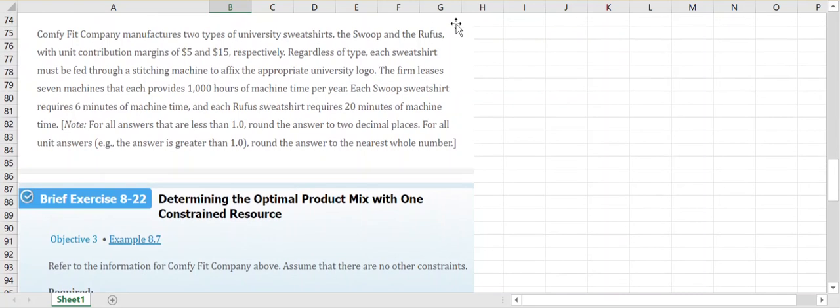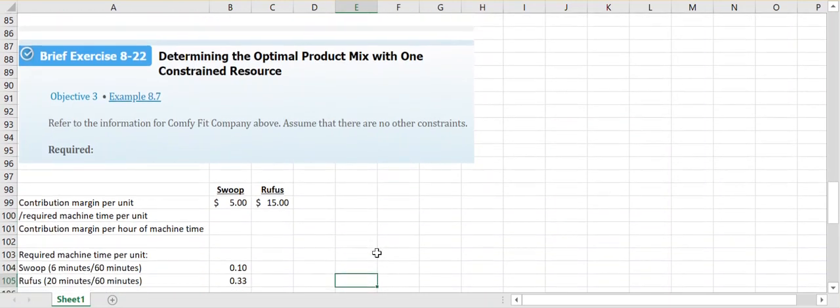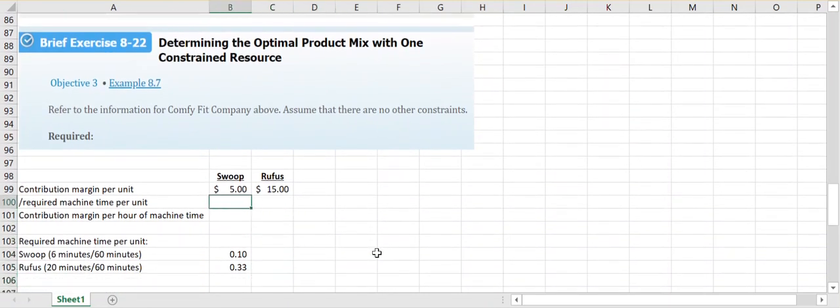They told us up here that our contribution margin for the Swoop was 5 and our Rufus was 15. If we were purely looking at contribution margin per unit, we would say that we should only make the Rufus. But remember, we have a constrained resource, and that constrained resource is the number of machine hours that we have during the year. So we are going to put in the fraction of an hour that each one of these uses.